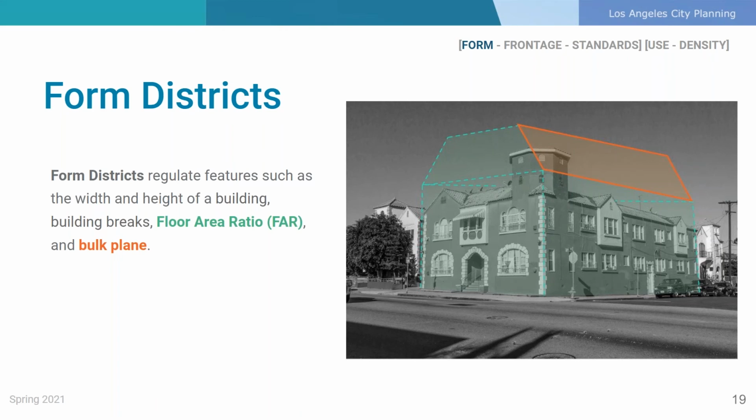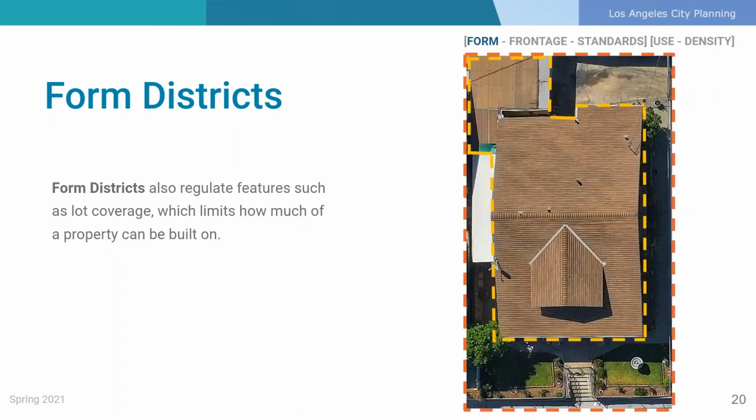This bulk plane requirement is applied through form districts in residential areas in Boyle Heights and results in a building that has a pitched roof or that has the upper stories stepped back from the sides of the building. Form districts also regulate features such as lot coverage, which limits how much of a property can be built on. In this example, you can see the building coverage outlined in yellow in relation to the lot.